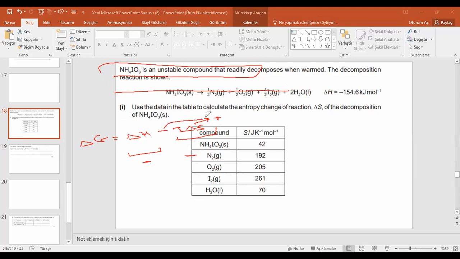Negative multiplied by positive, the whole part here will be negative. So no matter what the temperature is, the value that we get is always negative, so the reaction is always spontaneous. Delta G will always be negative because the reaction is exothermic, and the T delta S part will always have a negative value. This is how we answer the question.